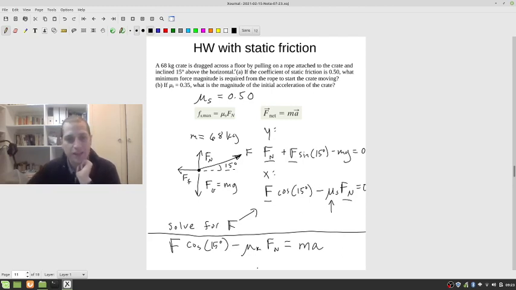In the second case, you're talking about kinetic friction. And because you're going to put in a different coefficient there, your mu k equals 0.35, you're going to be able to get out some acceleration. All right, so some tricky stuff to think about through that problem.